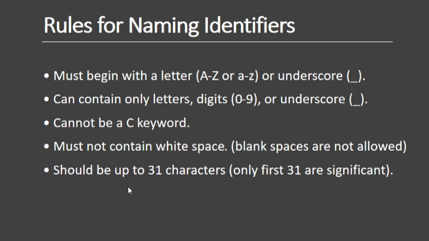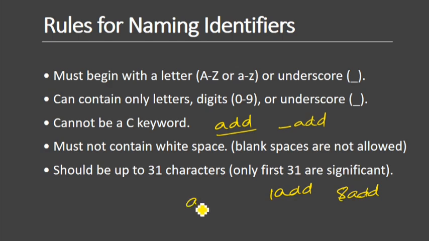Let me check this. For example, addition, add. This is a variable name. My variable name may start with an underscore, but should not start with a number. Say add is a variable I'm taking here. I should not write it with any gap between them.